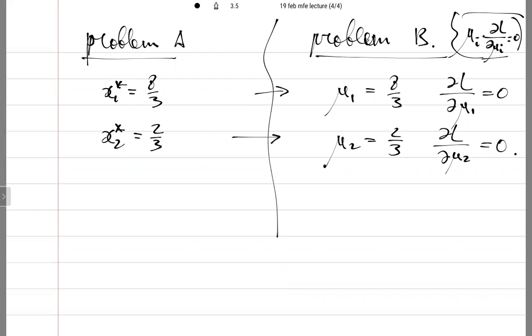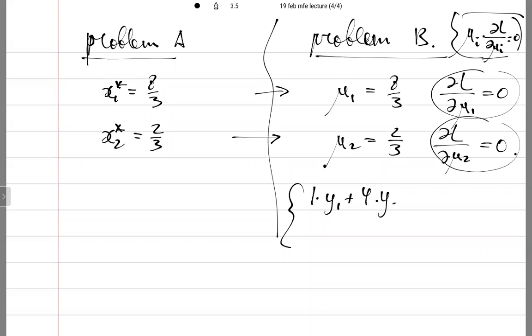And finally, I have two equations. What are these two equations? dl with respect to d mu is 1 times y1 plus 4 times y2 minus 1 times y3 is 1.